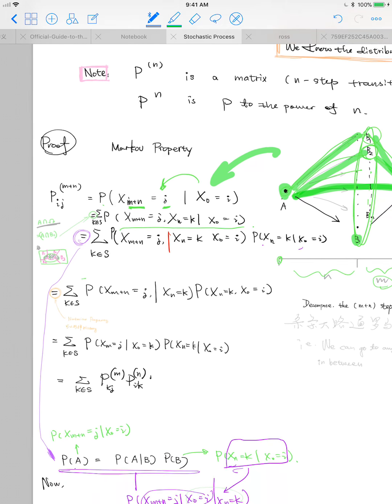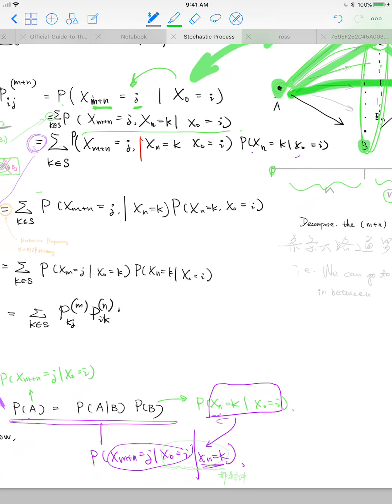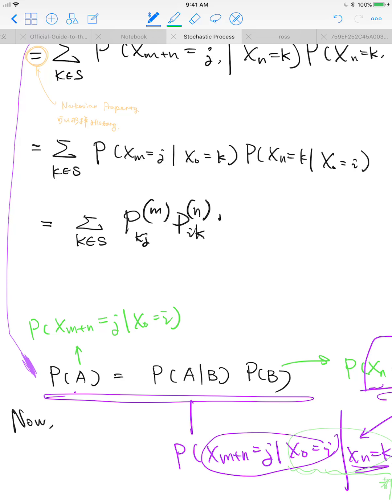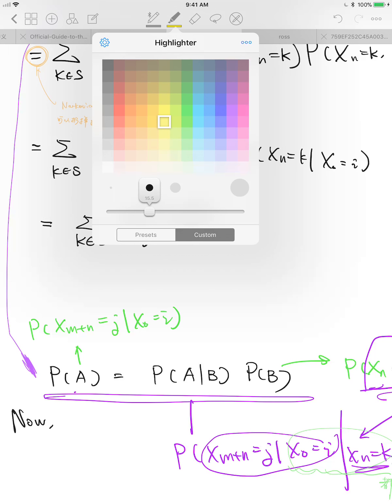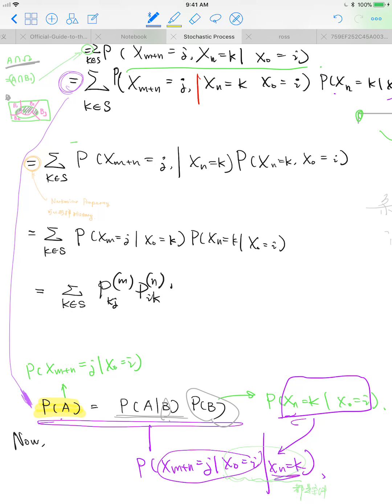And then we can denote this by the conditional probability. How this works, because we all know the equation here: the probability that event A will happen equals the conditional probability of A given that we have already observed event B, times the probability that event B will happen.